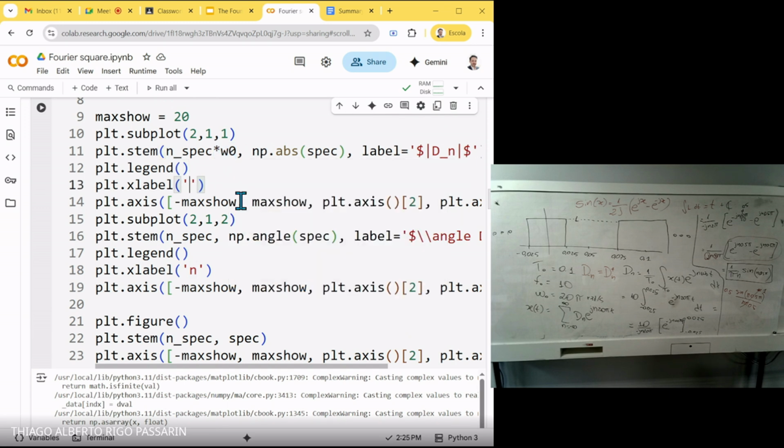And then this is angular frequency, omega, which is measured in radians per second. Times omega 0.